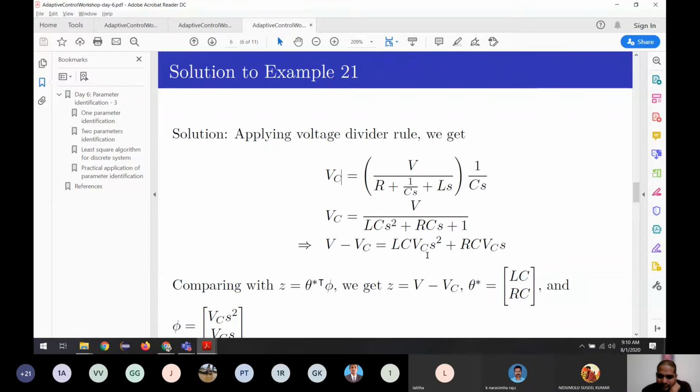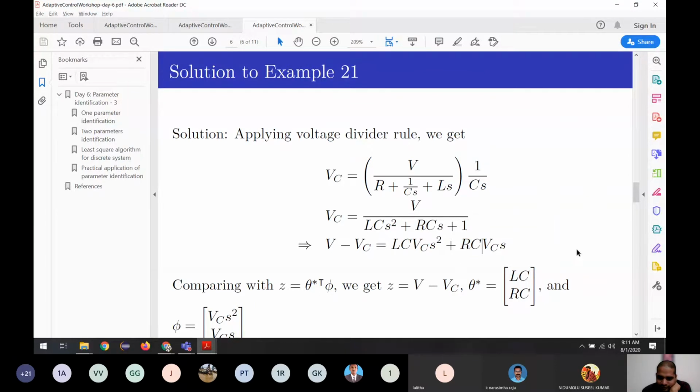this dynamic equation. So this is in the form Z is equal to theta star transpose times phi. And what is Z here? This part, V minus VC. And what is theta star? It is all the unknown parts of this equation, which are LC and RC.